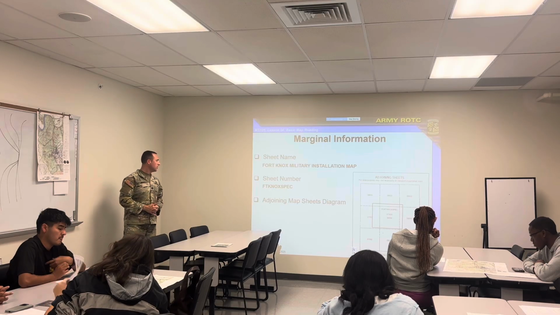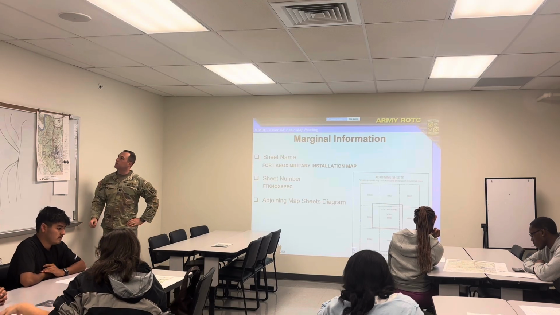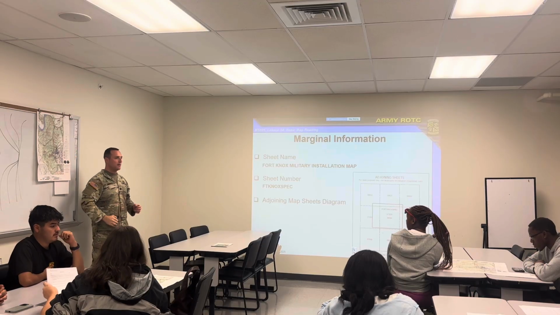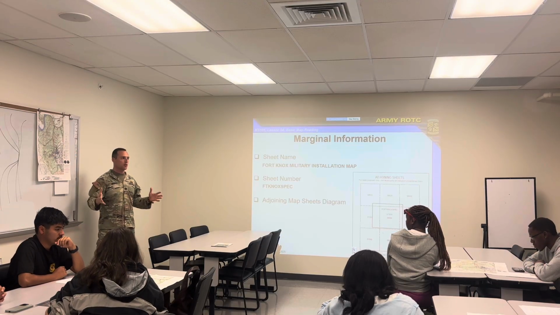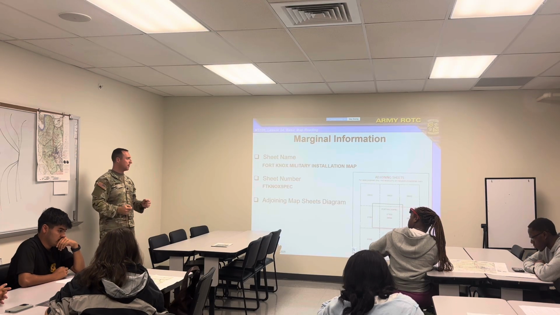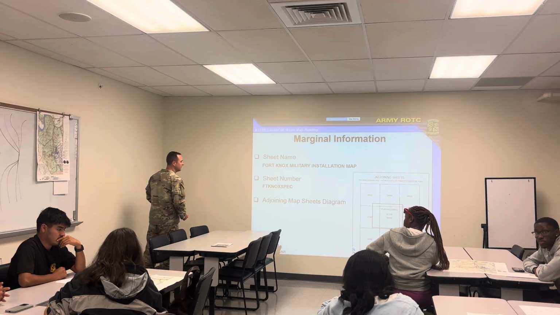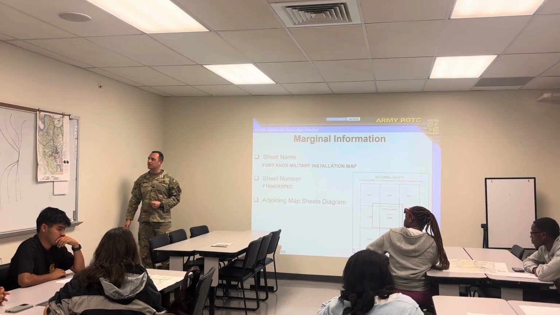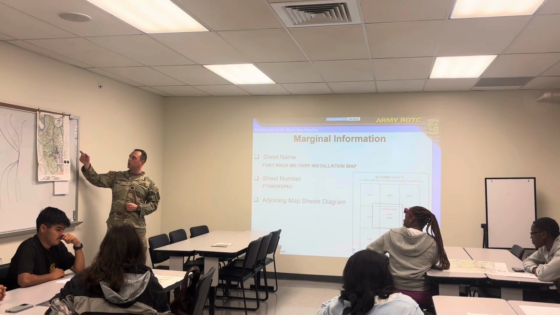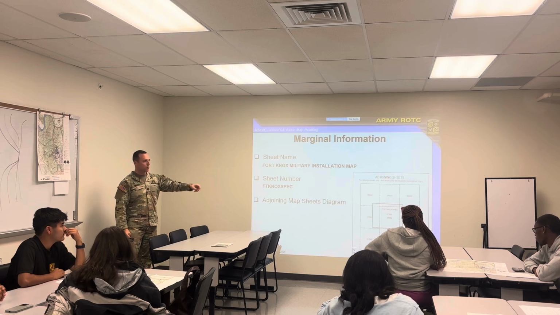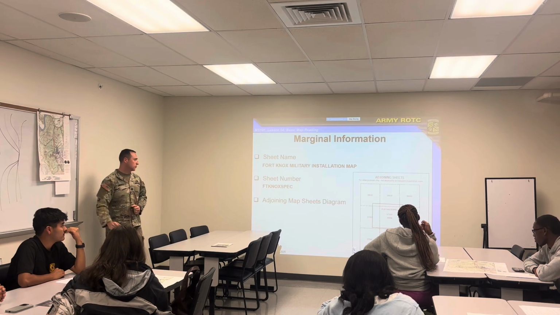The sheet number, this one doesn't actually have one because it's a specially created map. It's not part of the larger military grid reference system series of maps. But normally, you would have a sheet number assigned to each individual map, and you'll have the adjoining map sheets diagram, which is shown right there on the side in your marginal information.